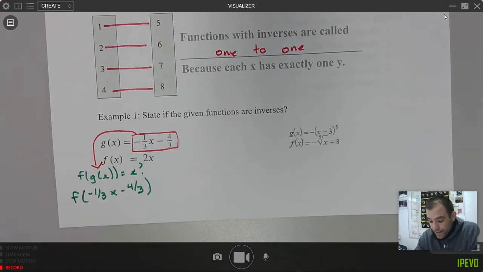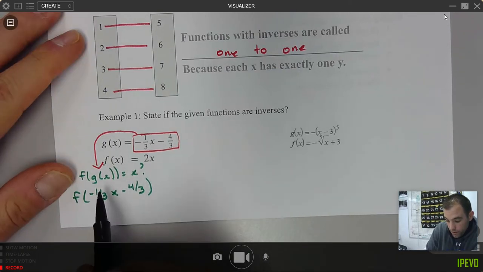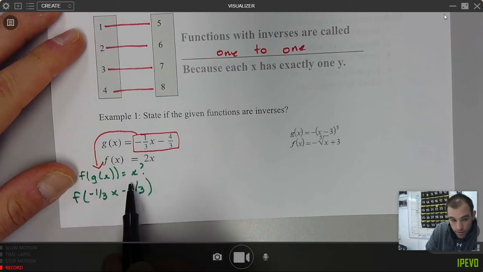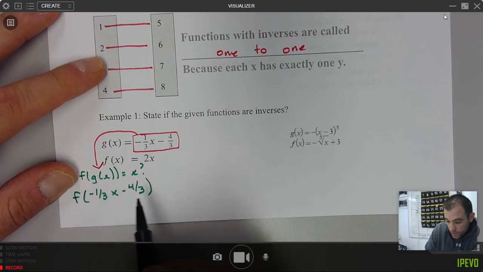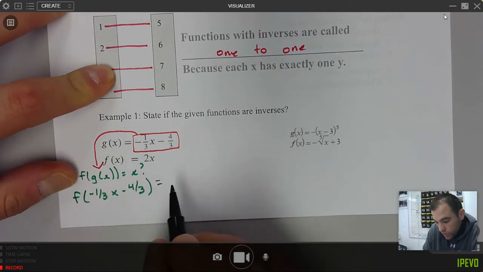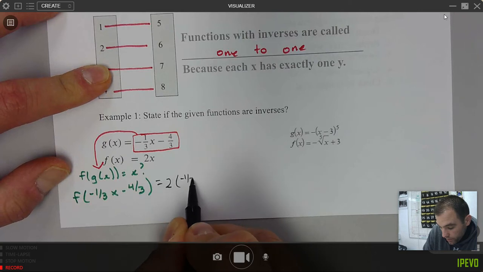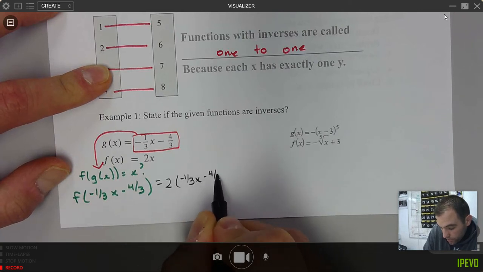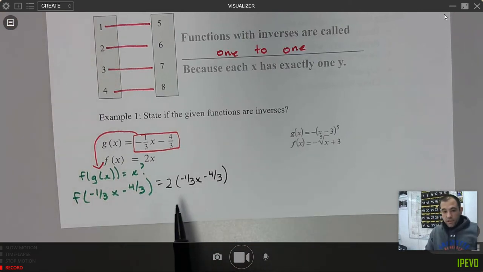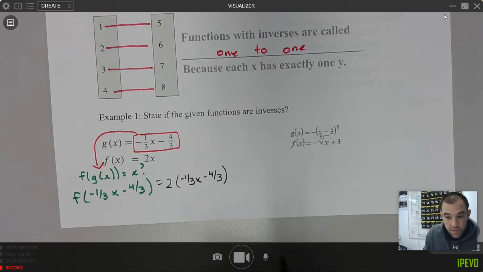Now I'm going to plug this into the f equation because there's an f in front. So it would give me 2, because there's a 2 in front, parentheses negative 1/3 x minus 4/3. And now we just need to simplify this and see if we can get it to be x.